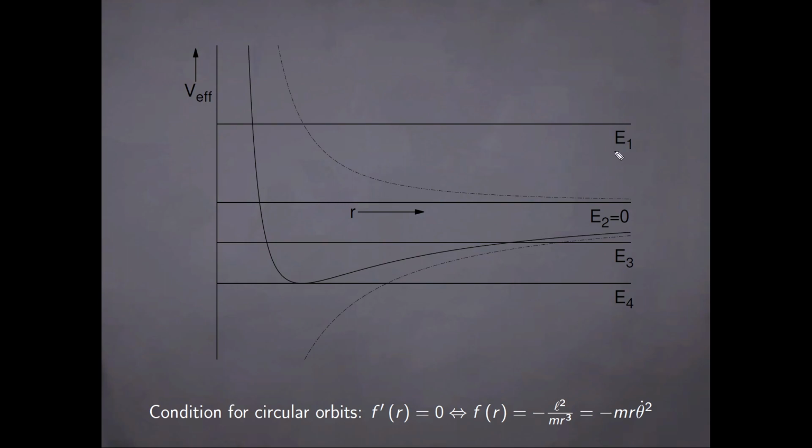So, for example, in the case of the energy E1, the motion is clearly unbounded. That is, the particle comes from infinity. It gets repelled by the centrifugal barrier at some radius, which is generically called the perihelion radius, and then it will return to infinity.